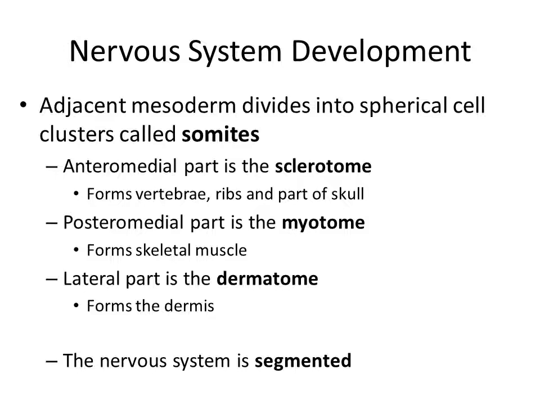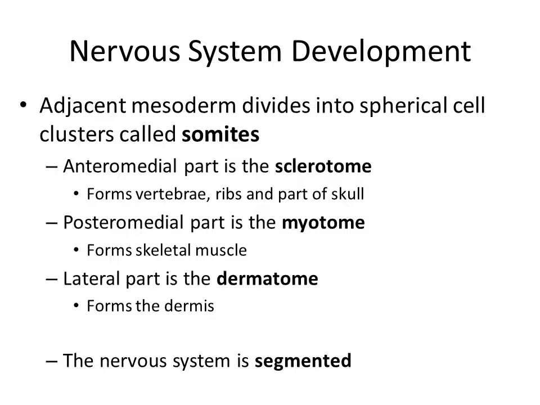The somites are divided into 3 different areas. I'm not going to ask you to know which specific part of the somite is going to be what structure, but what I want you to know is what a sclerotome, a myotome, and a dermatome are, and that they come from the somites. So one part of the somite is going to be the sclerotome. These are the cells that are going to form our vertebra and ribs and part of the skull.